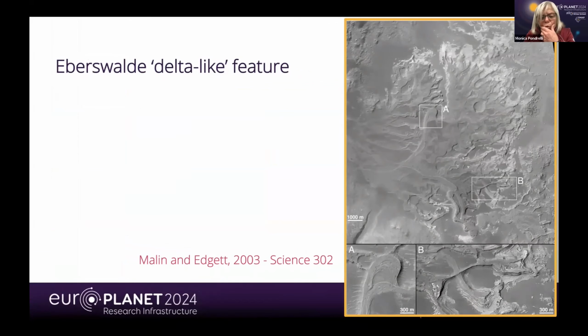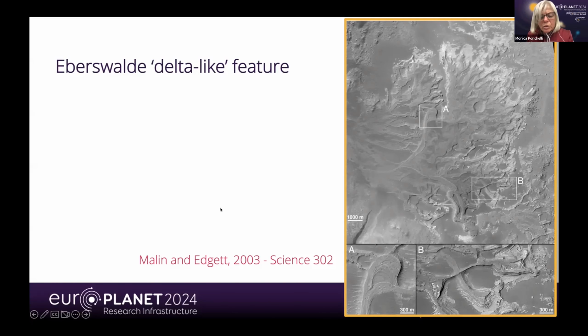In order to try to explain better this concept and the importance of this concept, I will move to this Eberswalde crater and delta-like feature, which is also historically very important on Mars because it is considered to be the smoking gun proving the evidence of the existence of stable water on the surface of the planet for a geologically significant amount of time.